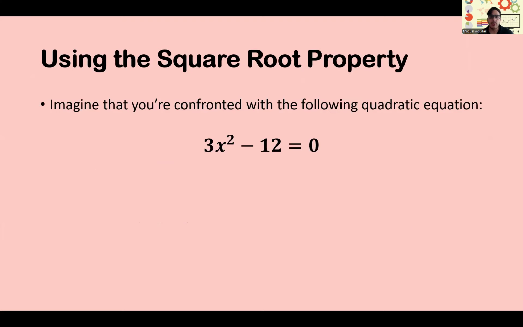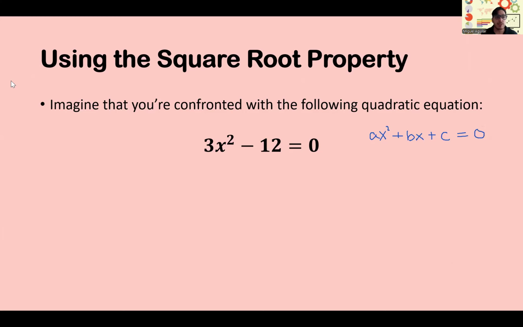Okay, so in the previous video, we worked on this problem where we said if you have a quadratic equation where you have the ax squared term and the constant term c. Remember, the standard form for a quadratic equation is ax squared plus bx plus c equals 0.